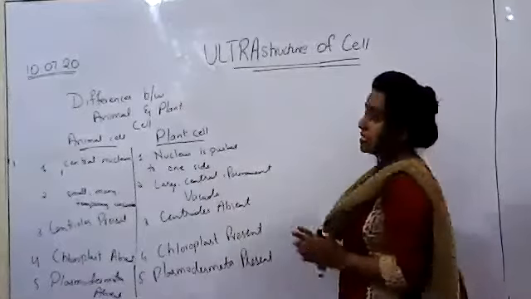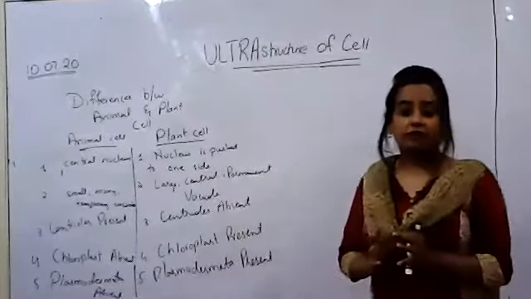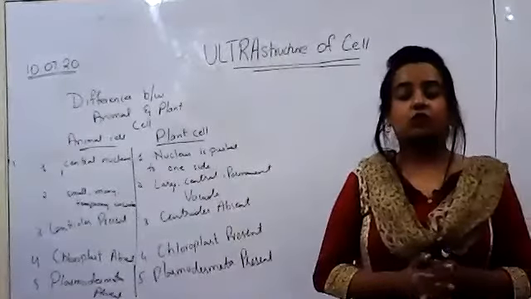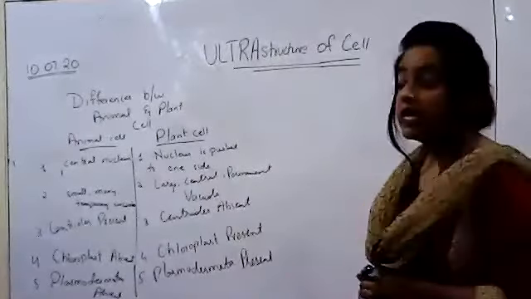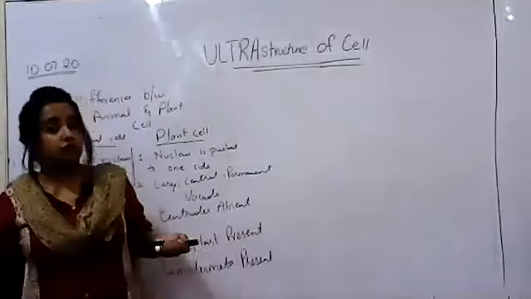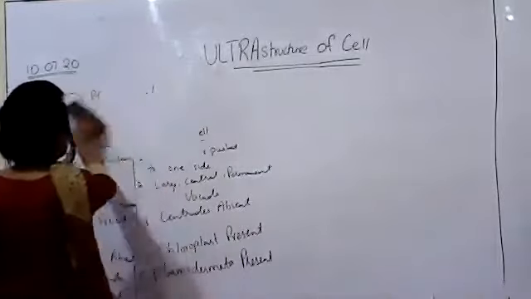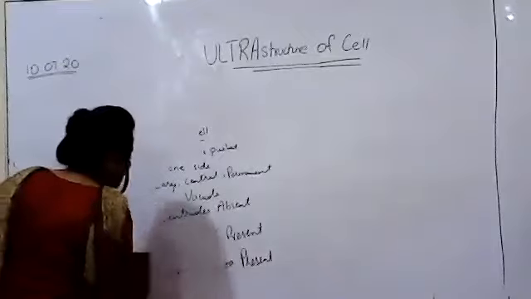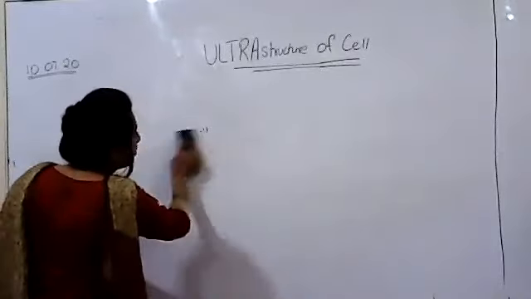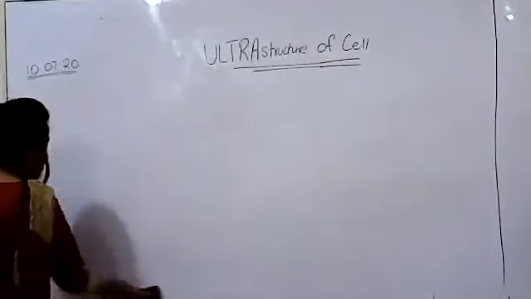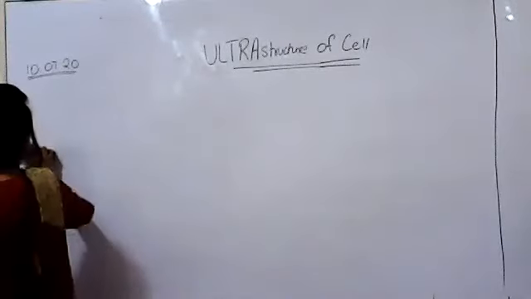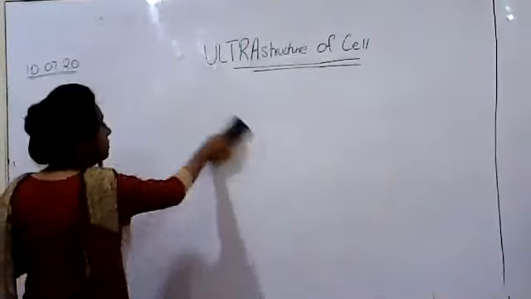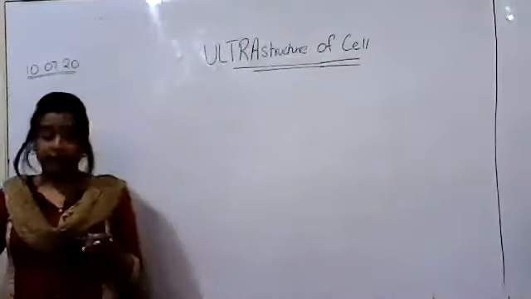When you view the cell under an electron microscope, the structure that is visible to you is termed the ultrastructure of the cell. So today we'll start with the ultrastructure of the cell, discussing all the organelles one by one. How the electron microscope works and how it is different, I'm saving for the practical lecture, right?